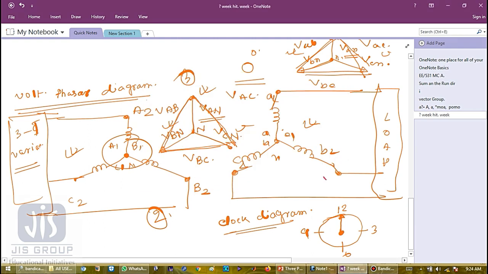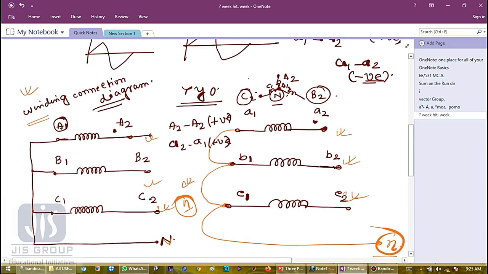The hour hand will coincide with this high voltage phasor, because the minute hand is my high voltage phasor. The hour hand is my low voltage phasor, and the minute hand is my high voltage phasor. So both coincide, which means 0 degree phase difference. So this is the clock diagram, this is the voltage phasor diagram, and the upper one is the winding connection diagram.